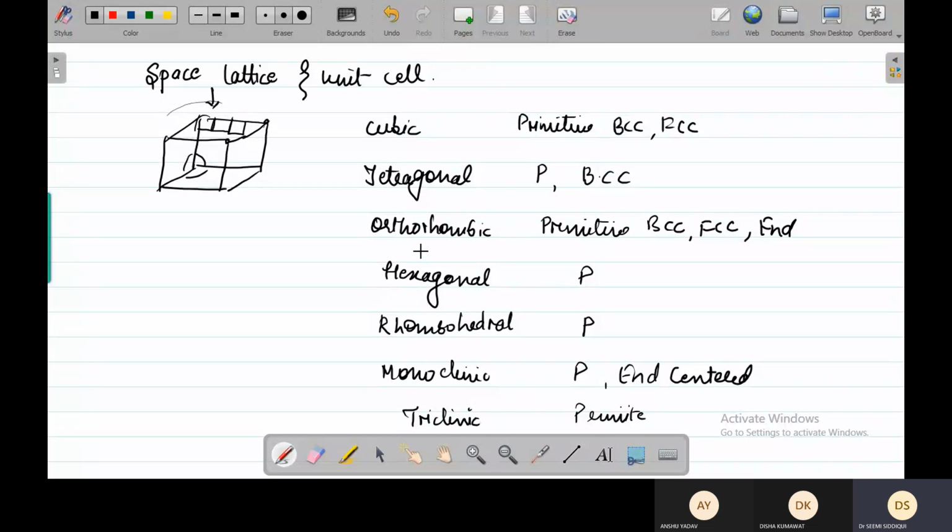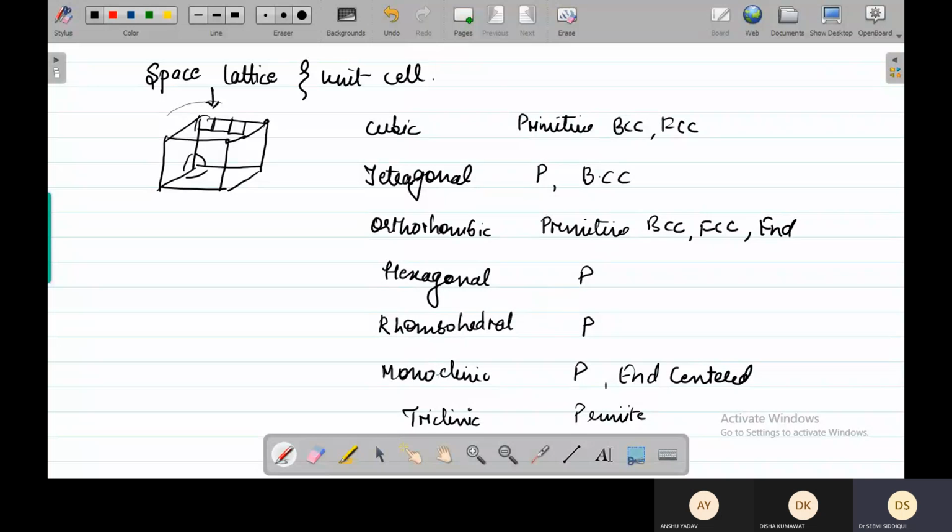In orthorhombic, all the 3 distances are different, but all the angles are the same. In hexagonal, 2 distances are the same, 1 distance is different, 2 angles are 90 degrees, and 1 angle is 120 degrees. Similarly, in the case of rhombohedral, all the 3 distances are the same. Alpha and beta are 90 degrees, but gamma is not 90 degrees.